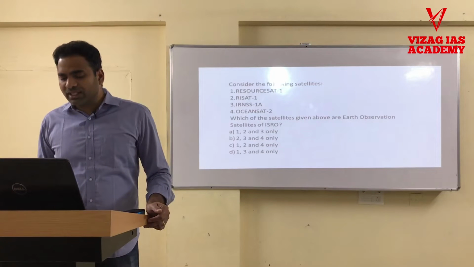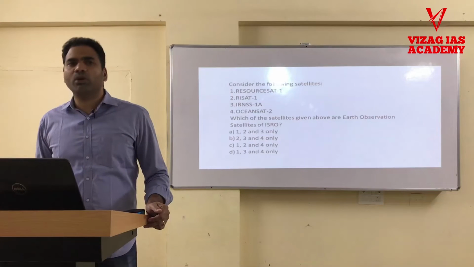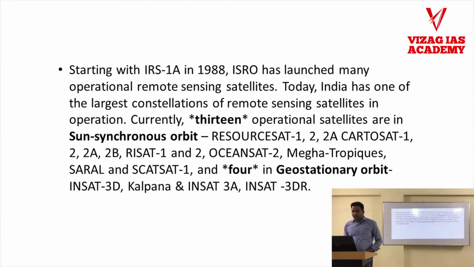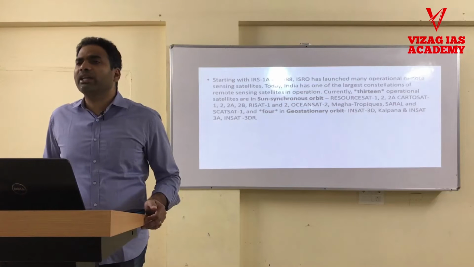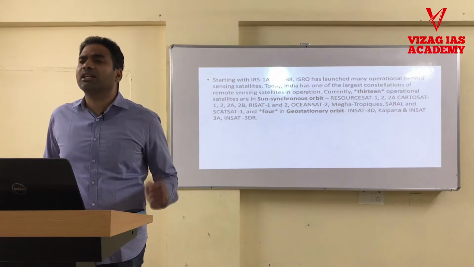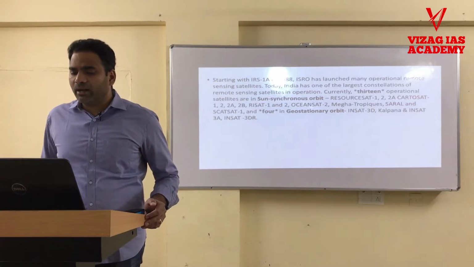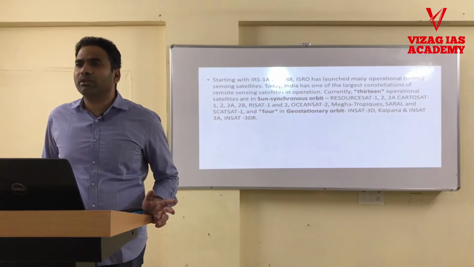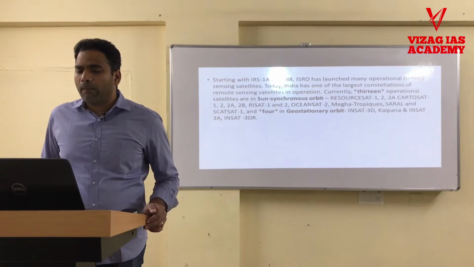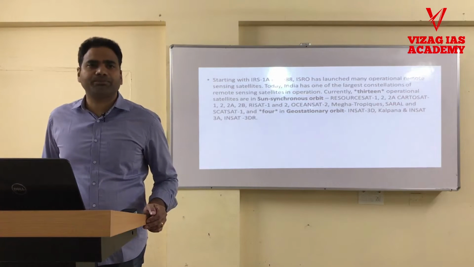So the answer is C, 1, 2 and 4. Here he is asking about Earth observation satellites. According to the latest data of ISRO, we currently have 13 operational satellites in sun synchronous orbit, and 4 geostationary satellites in geostationary orbit. These are all remote sensing satellites.